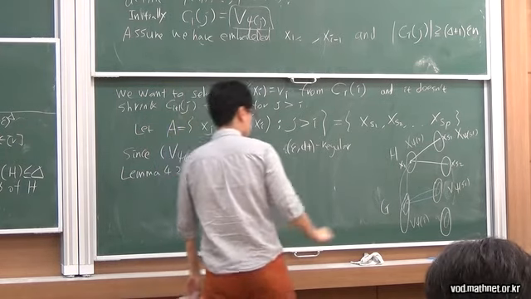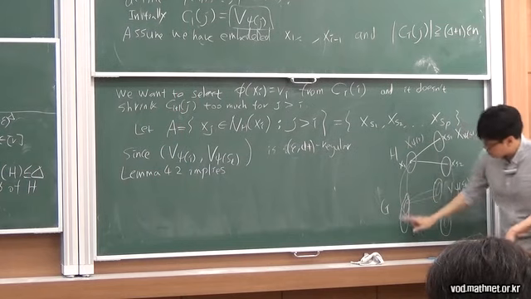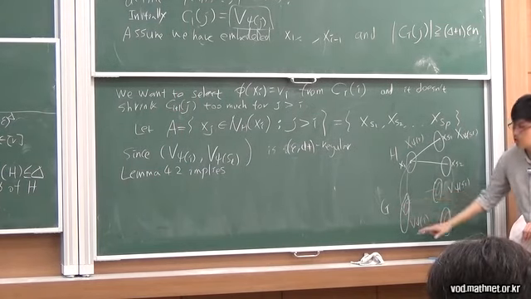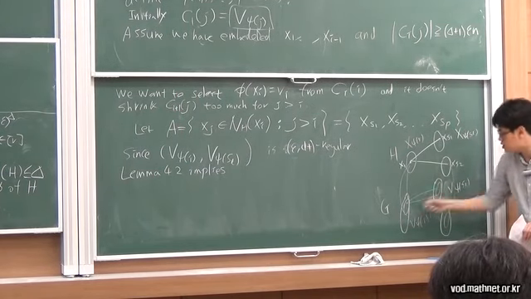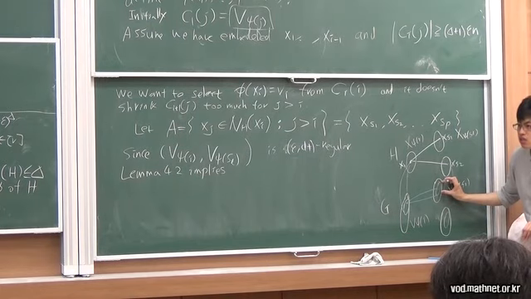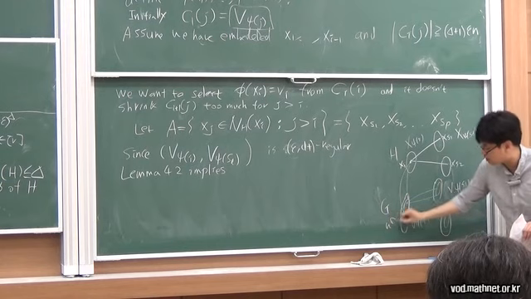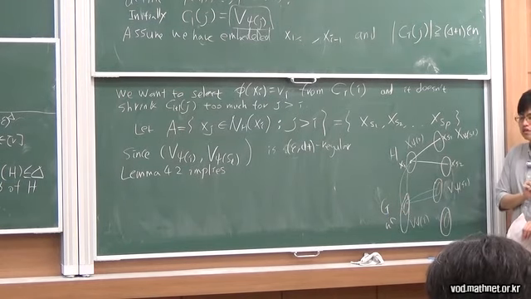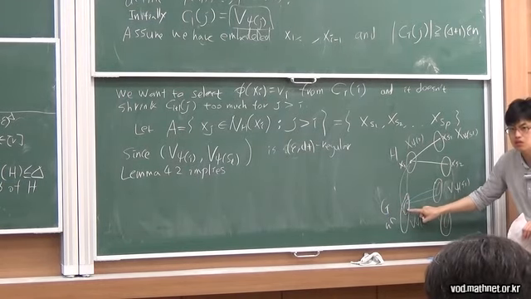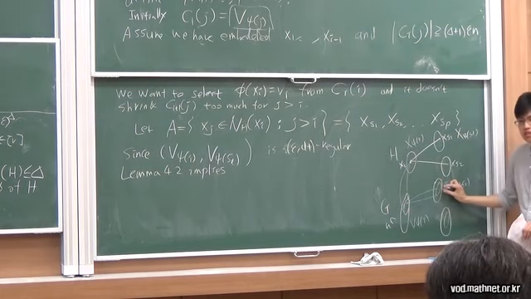Lemma 4.2 implies that the number of vertices in here, entire vertices here, the number of vertices which have small neighborhood in this yellow set, is at most epsilon times the size of this, which is n, epsilon times n. So those vertices are bad vertices. If you choose that, then this shrinks too much.